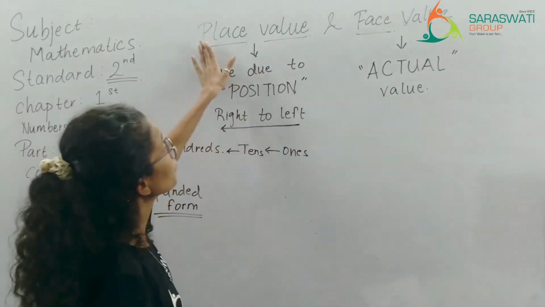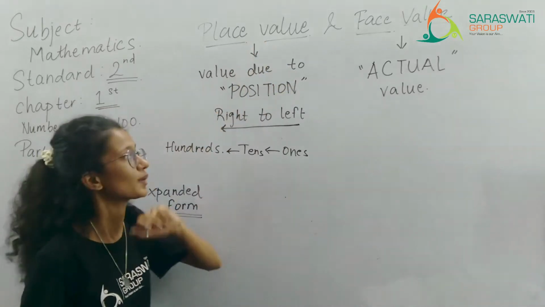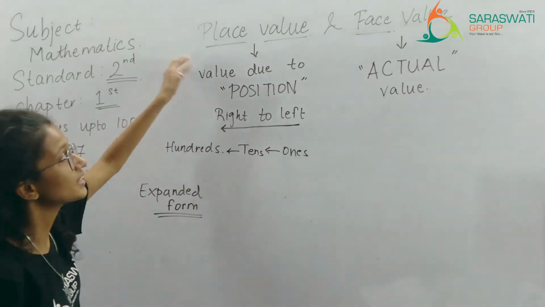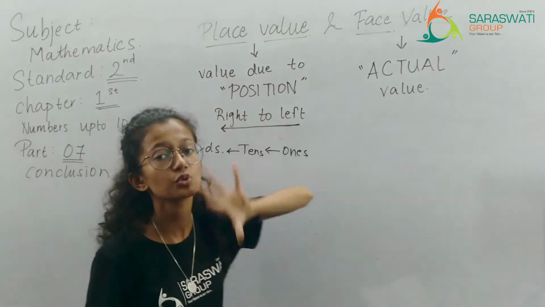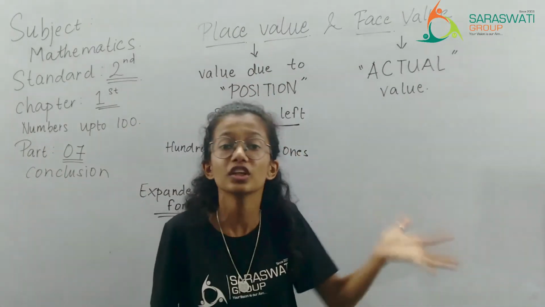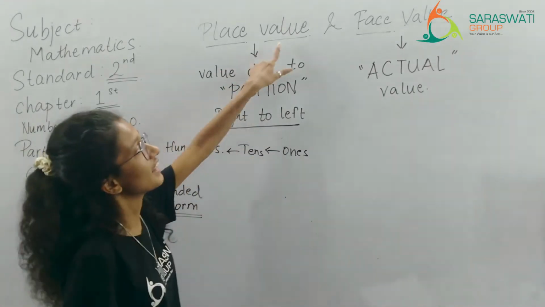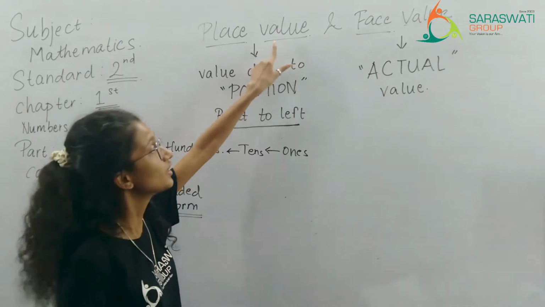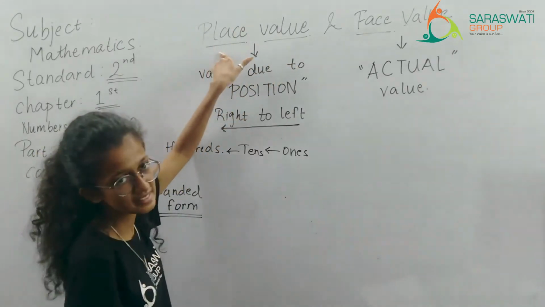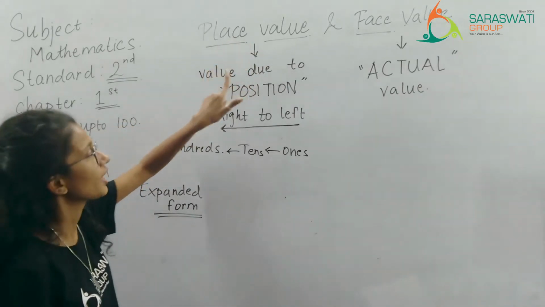Okay. So what does place value mean? Place value means the value of something, how much weight it has. Value is being decided because of the place, because of the position.